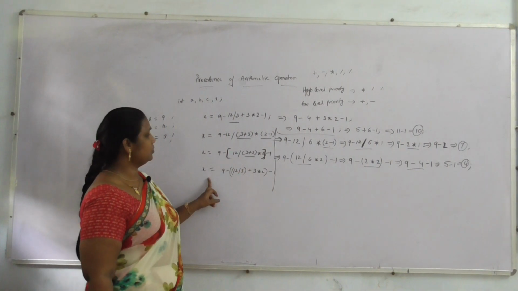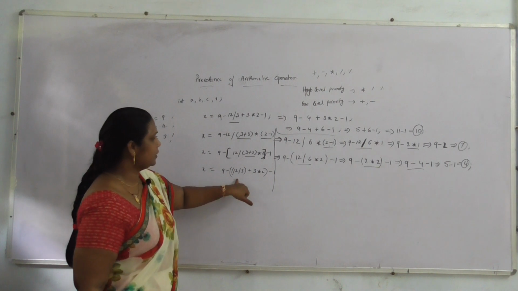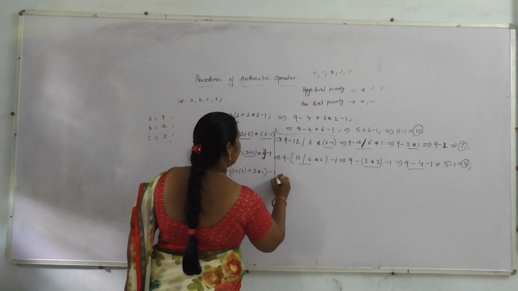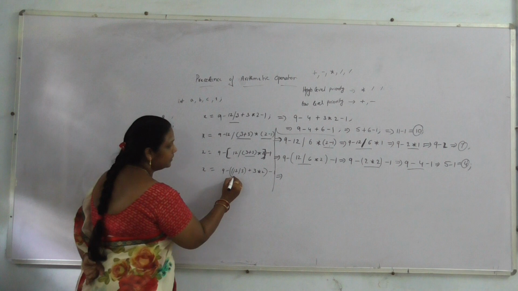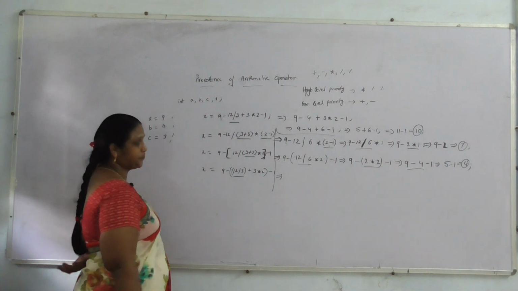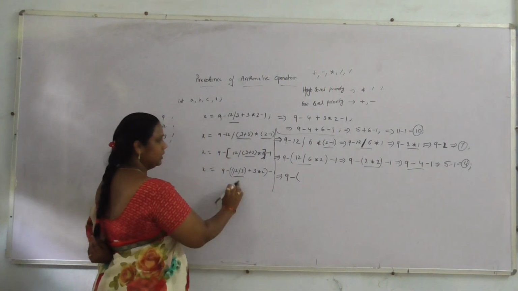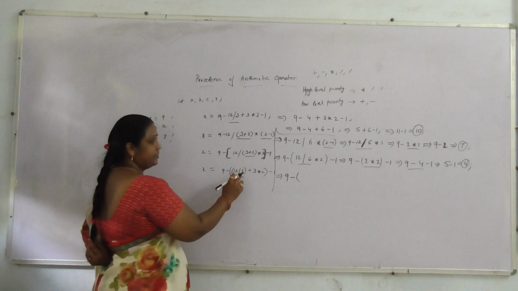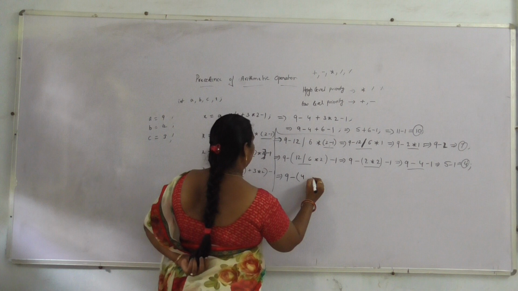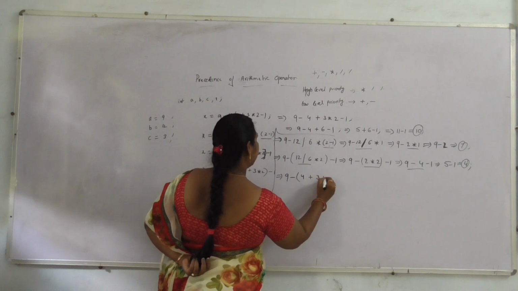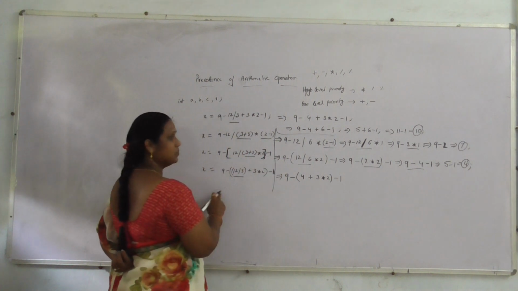Next, this one means again we have to take individual parentheses. Here 12 divided by 3 is 4, 9 minus bracket open, 4 plus 3 asterisk 2 minus 1 minus 1.